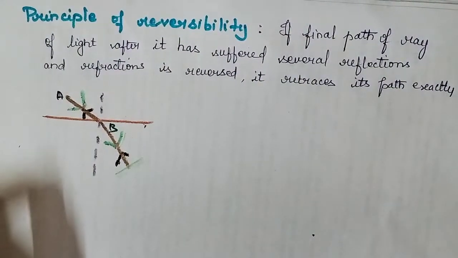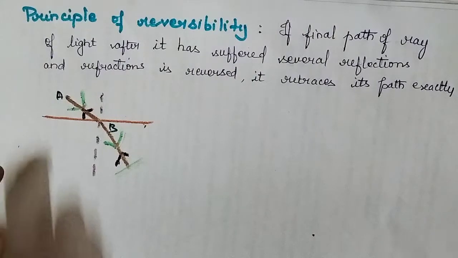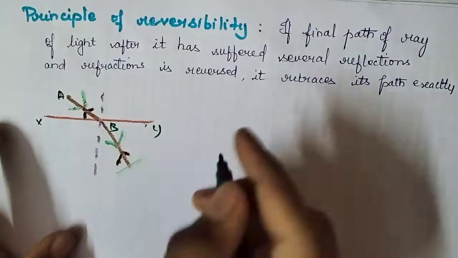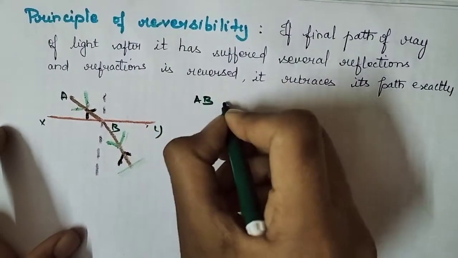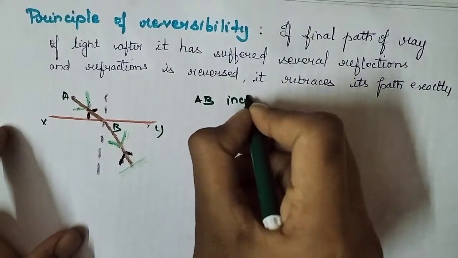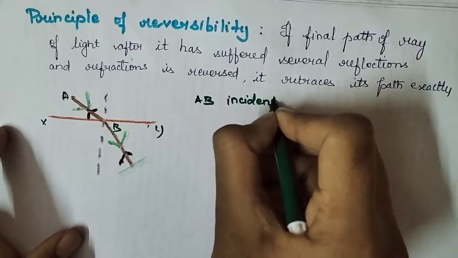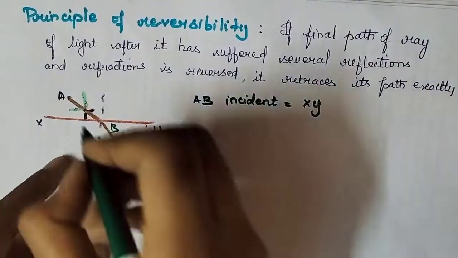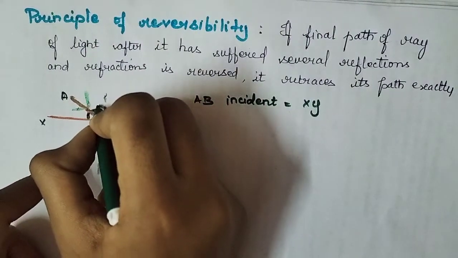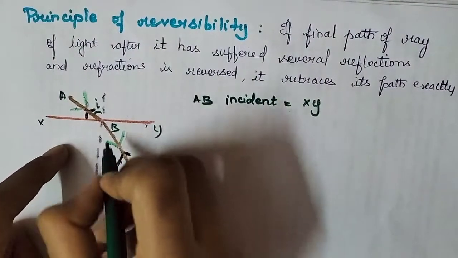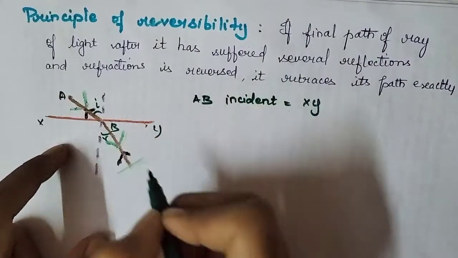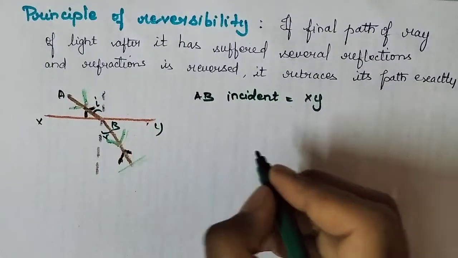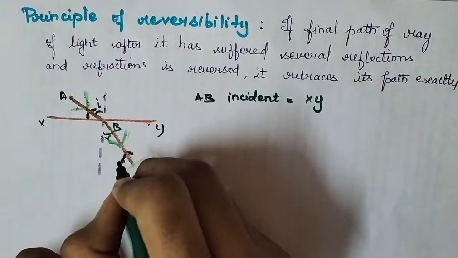Let's take it as X and Y. This is X, this is Y. So this AB is incident to XY. Then this is the incident angle, and then this is the refracted angle for this AB ray.